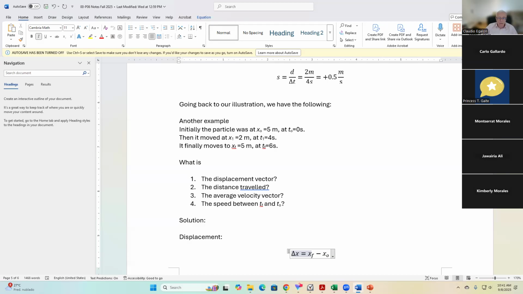Delta X is 5 meters minus 5 meters, equal to 0.